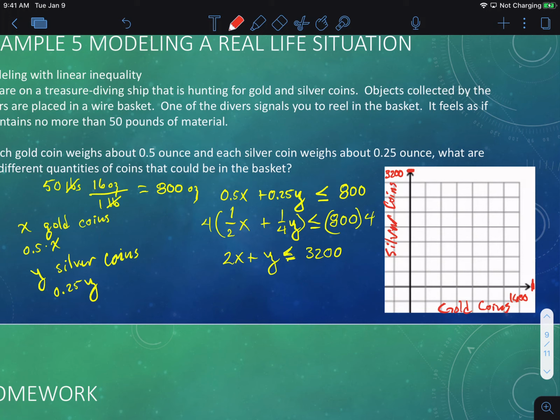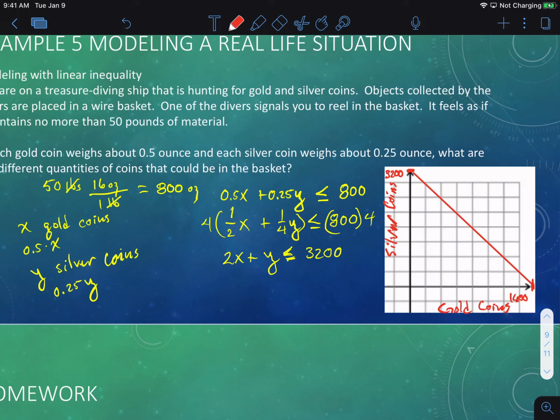All right. So if you were to draw that line, we're talking about everything from 3,200 silver coins, which would mean that there were no gold coins, or 1,600 gold coins and no silver coins. So there's what our line looks like. And we have less than or equal to, so it is a solid line, and we've drawn that correctly. So we want to know which side we are shading.